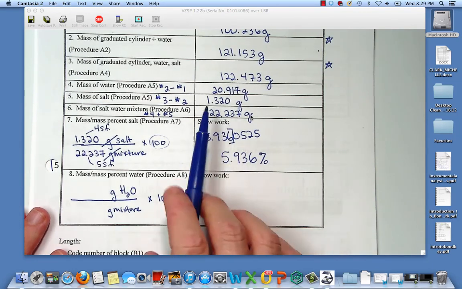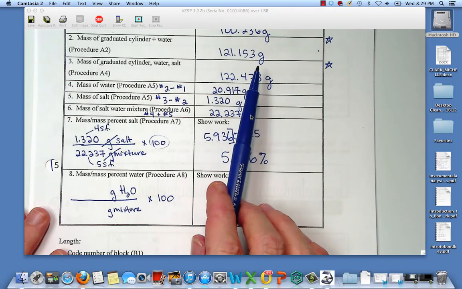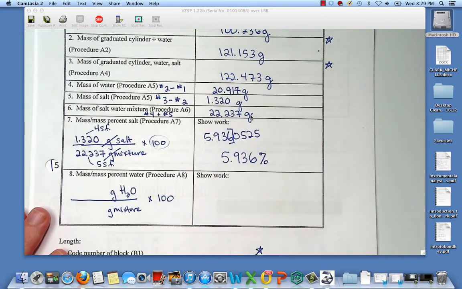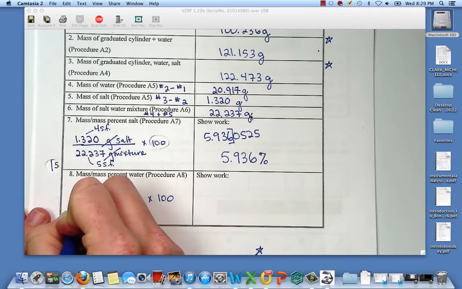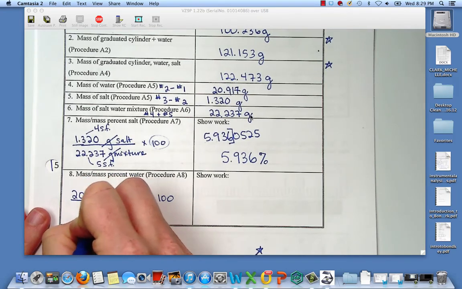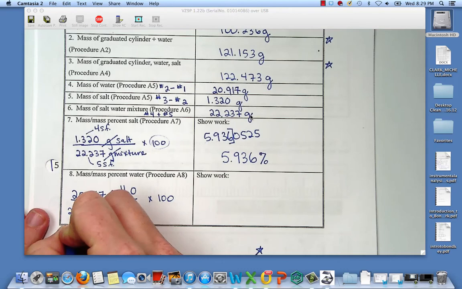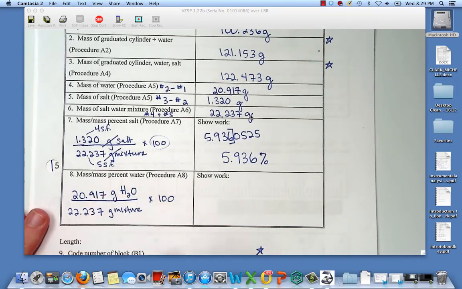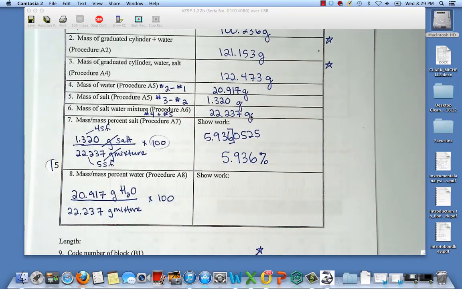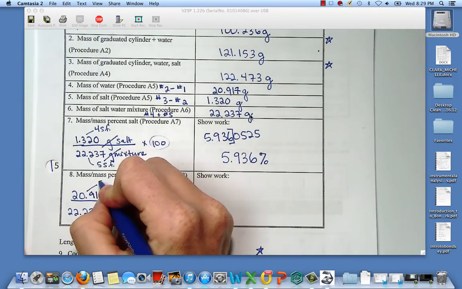So for Jen's data, the mass of the water was 20.917 grams. The mixture was 22.237. So how many sig figs should I record in my answer? 5. I have 5 here, 5 here.